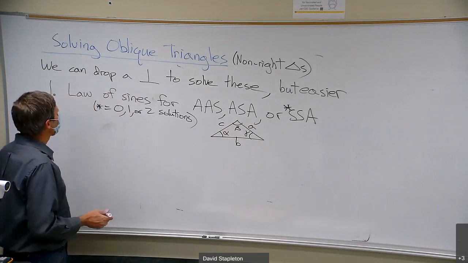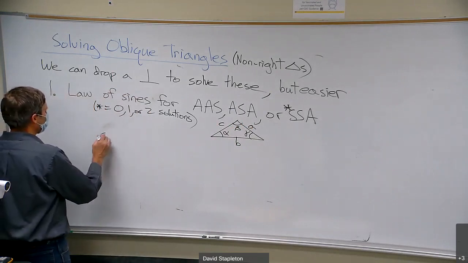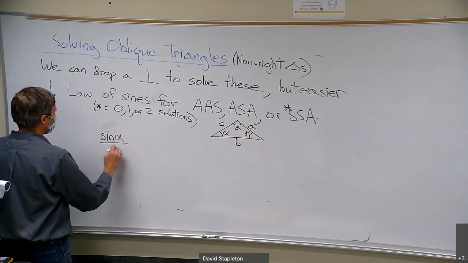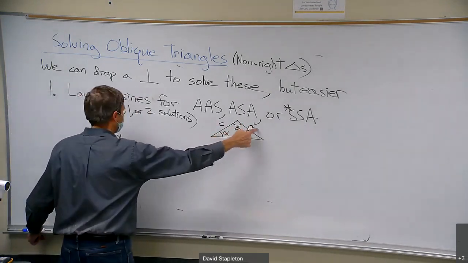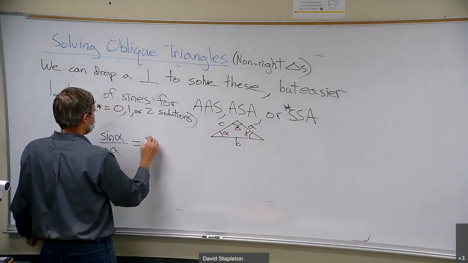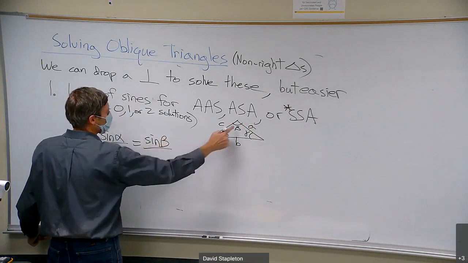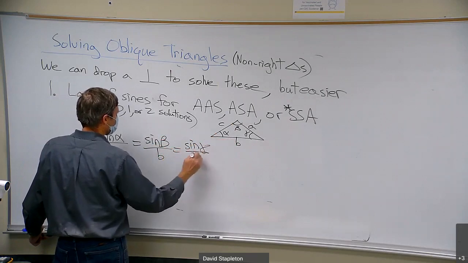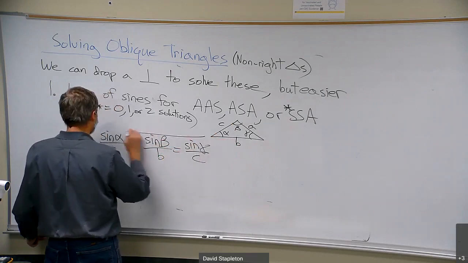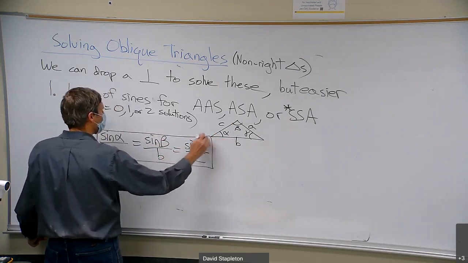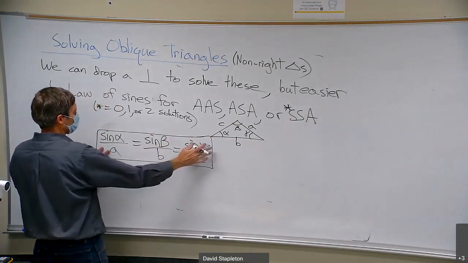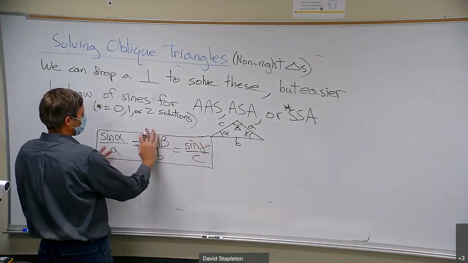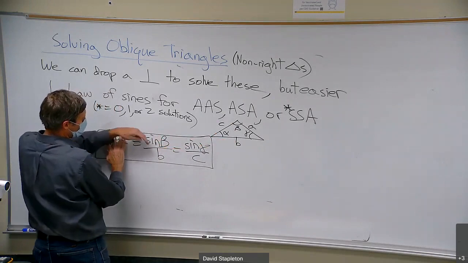All right. When you do, the law of sines says that the sine of alpha is to its opposite side A, as the sine of beta is to its opposite side B, as the sine of gamma is to its opposite side C. Which is really 3 laws, right? Because we could say this equals this, or this equals this, or this equals this.